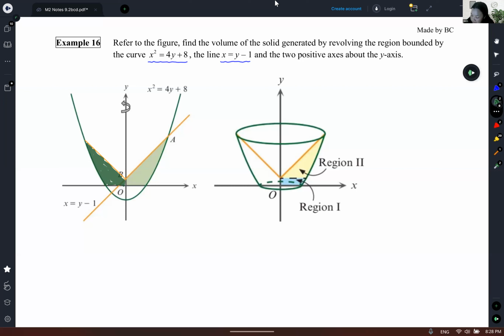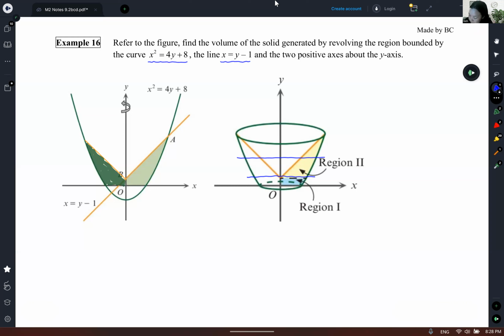So this is a container, the top part is hollow, and the bottom part is not hollow. Therefore, we need to do it in two parts. The bottom part, you just integrate using the disk method. The top part, you use the ring method. It's essentially the same, but anyway.